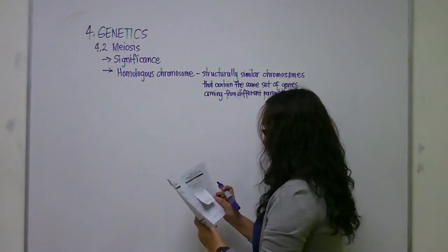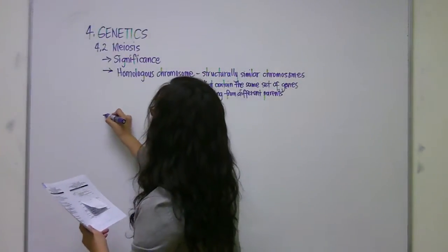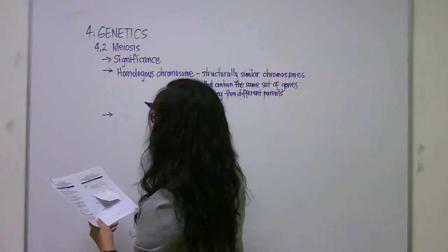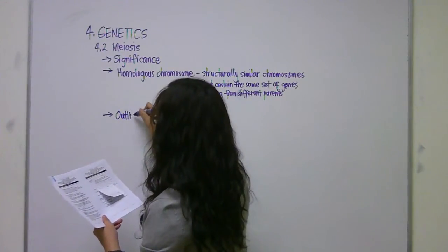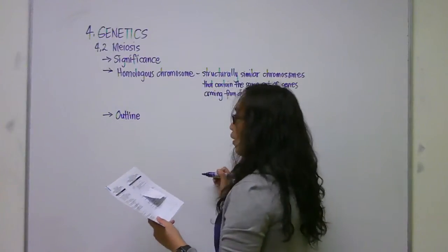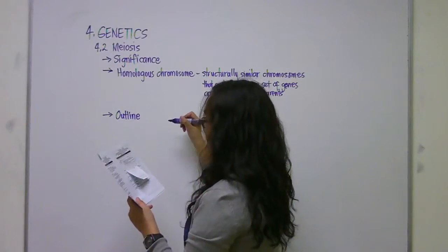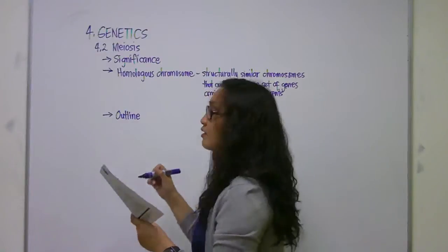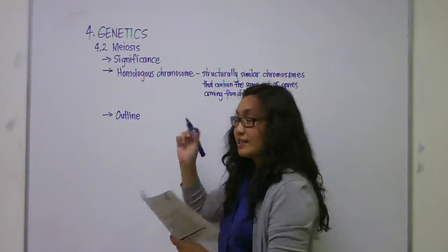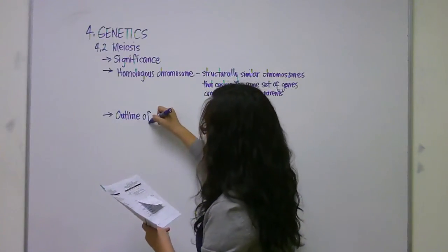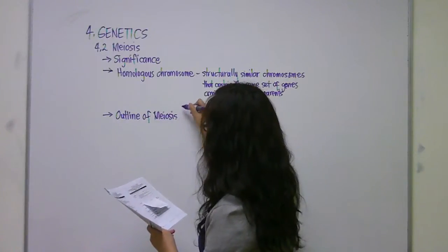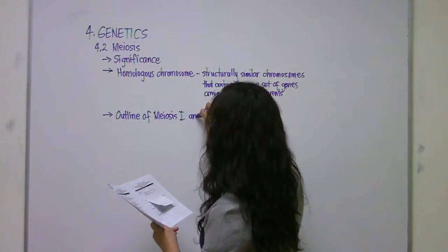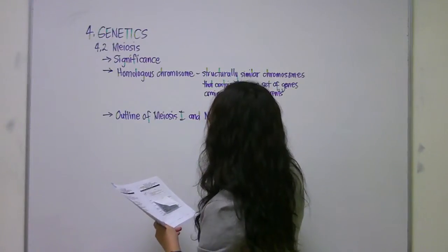Next, of course, it is very important to discuss the process. But before that, we have to make an outline of what is going to happen in meiosis. Since meiosis is subdivided into two sub-processes, we should make an outline of meiosis 1 and meiosis 2.